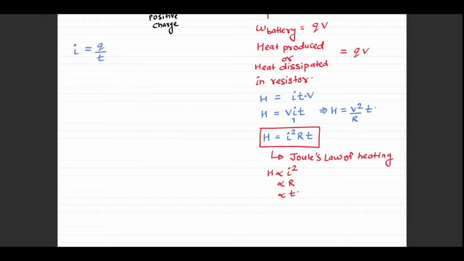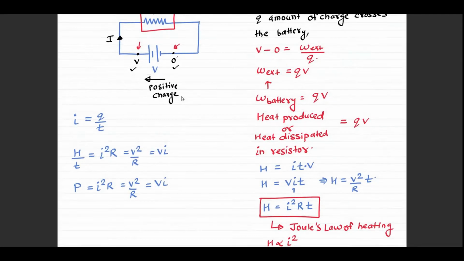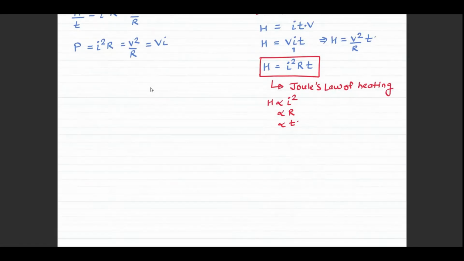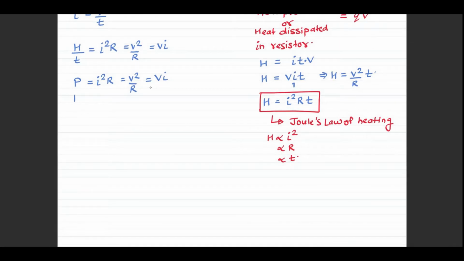I can also write H by t as I square R, or you can say V square by R, or you can say VI. Can I say H by t is nothing but the rate of heat produced, so this is power. We should have mentioned this as small i then. Correct? This is the rate of heat dissipated in the resistor.